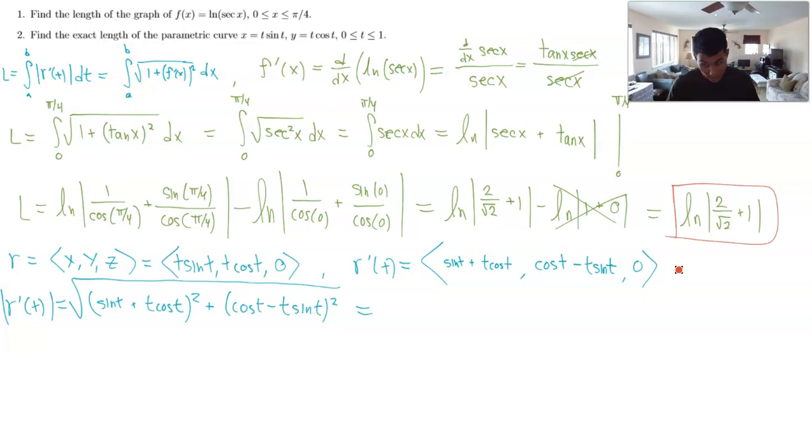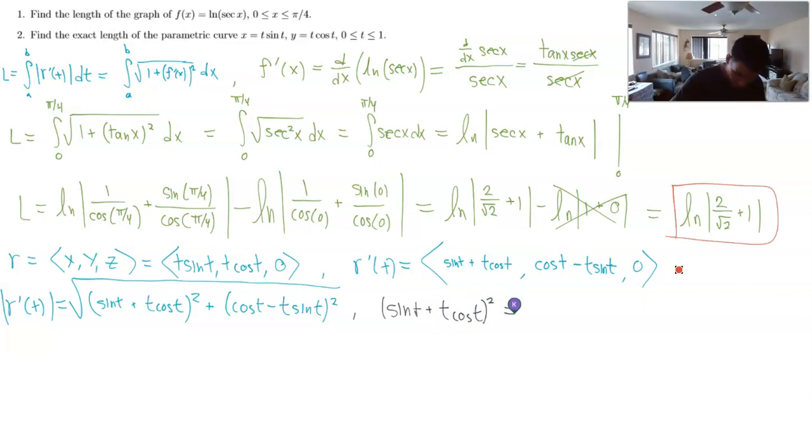Real quick, I'm going to pause here and go in black and just follow this out by hand so it doesn't get messy all under one square root. So sine t plus t cosine t, and then squared, what does that equal?